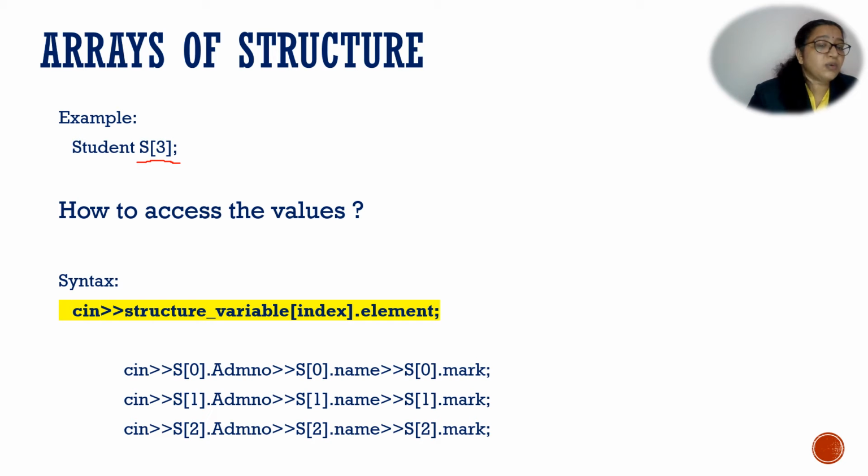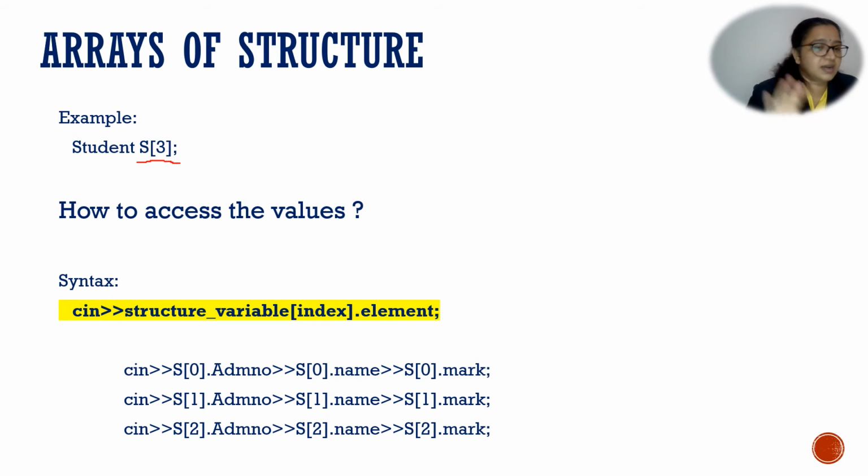Now next is how to access the values. After declaring, we can assign the values, or we can input the values. So how can we input? The syntax is cin, for inputting. No need for detailing anything about cin.